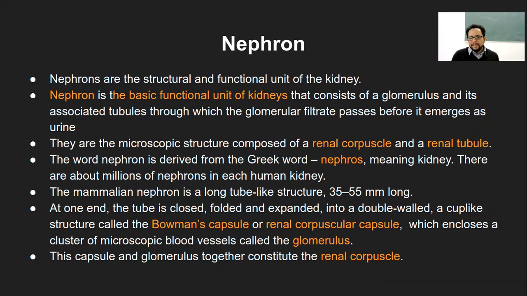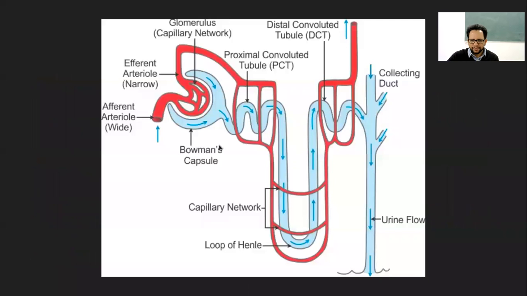So the nephron consists of glomerulus and its associated tubules through which the glomerular filtrate passes before it emerges as urine. This part we'll look at when we talk of how the urine is being produced.